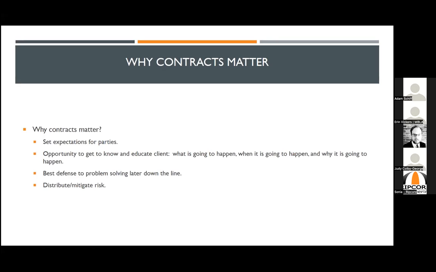And it really sets the stage for solving problems later down the line. It really helps in terms of distributing and mitigating risk for both you and the owner. When there is no contract, or the contract is pretty limited, that's where the gray area comes about, and the disputes between the owner and the design professional happen.